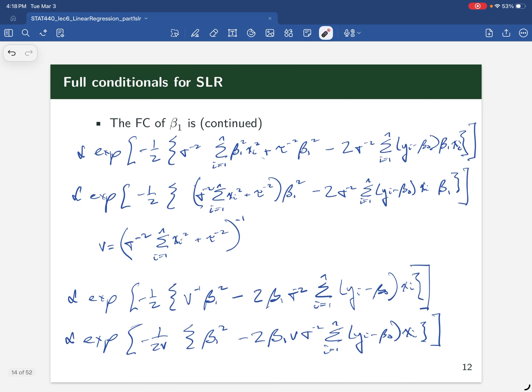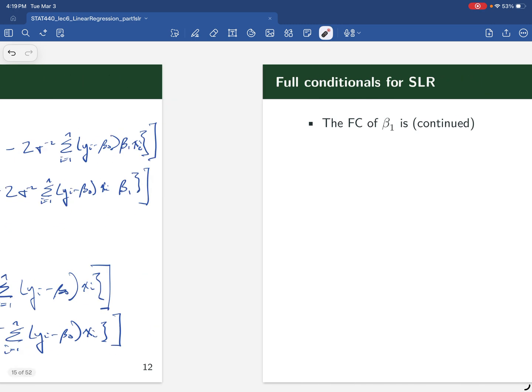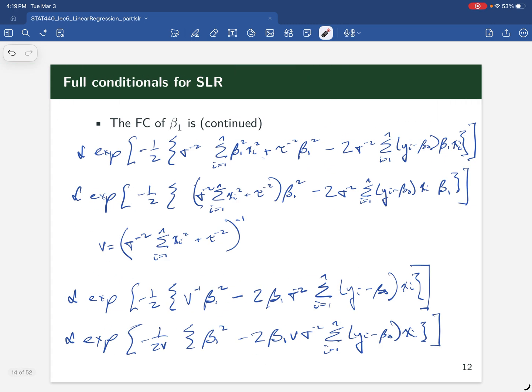Well, if I come back here, I have 2 times beta 1 times stuff, which I'm going to call the mean. Let me just cut and paste so that we can see it more clearly on the next slide.